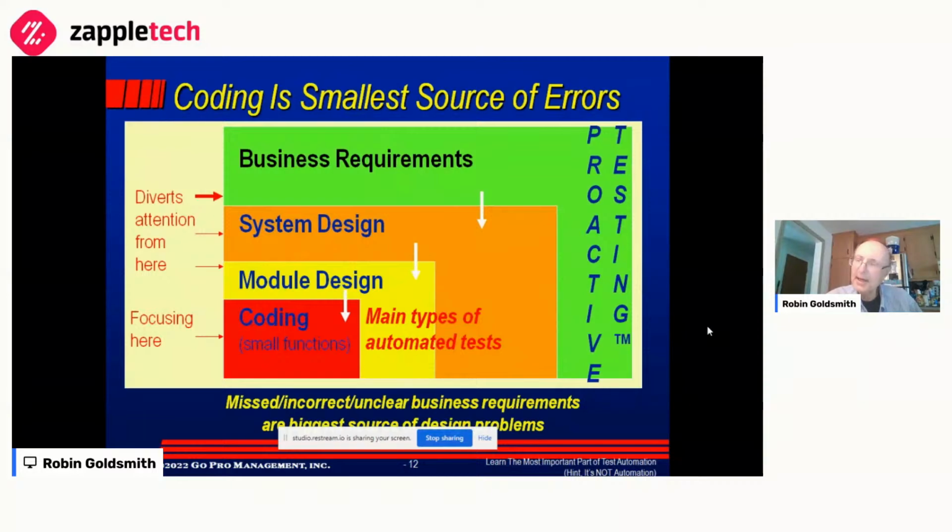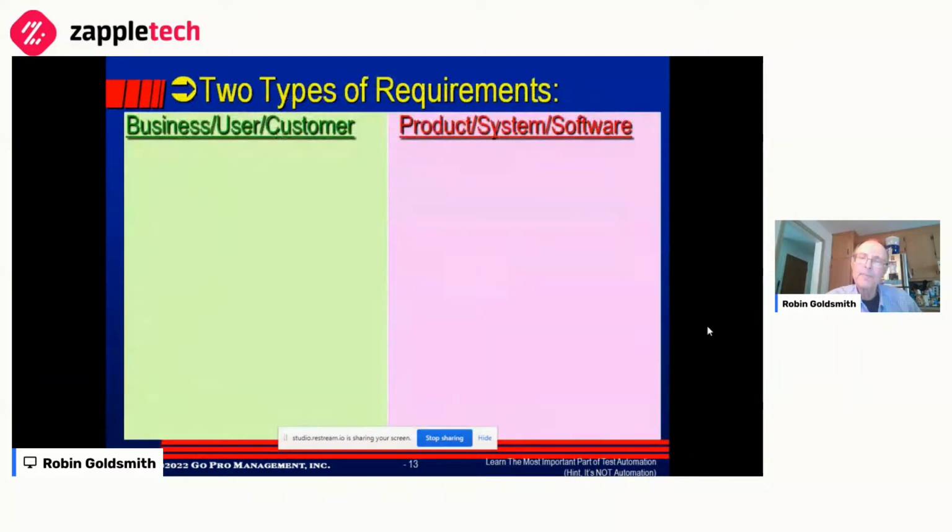And requirements and design errors, those are the most important things to detect. And those are the things that the testing pyramid and traditional emphases upon low-level coding tests simply will not catch.